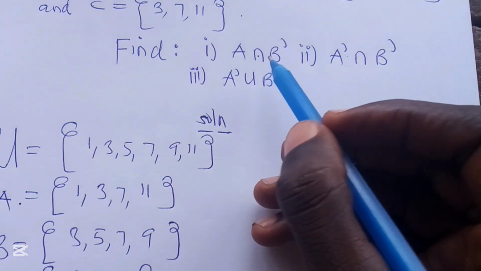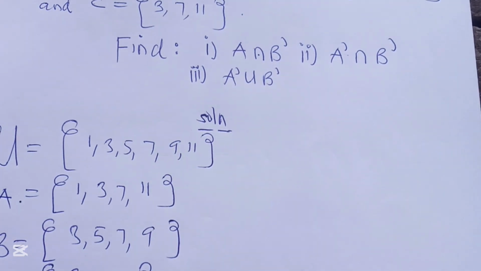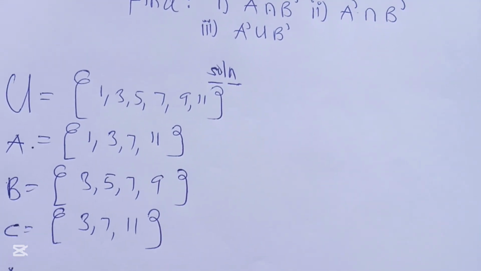Now we have to find, for Roman 1, A intercept B complement. But here we don't have B complement, so let's find B complement first.